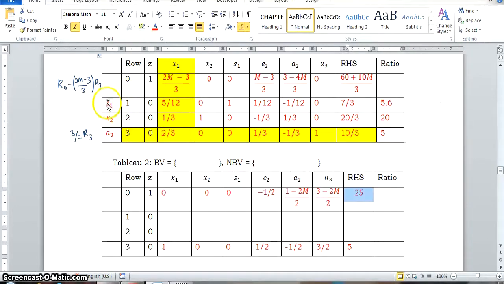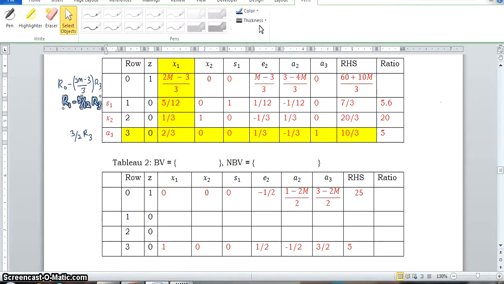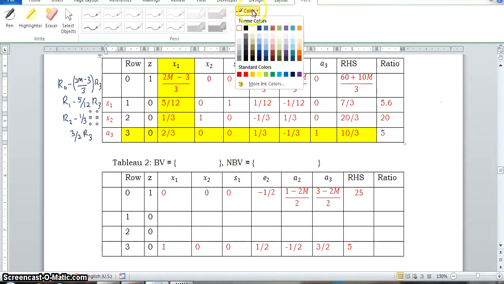ERO for row 1 is R1 minus 5 over 12 R3, and ERO for row 2 is R2 minus 1/3 R3.